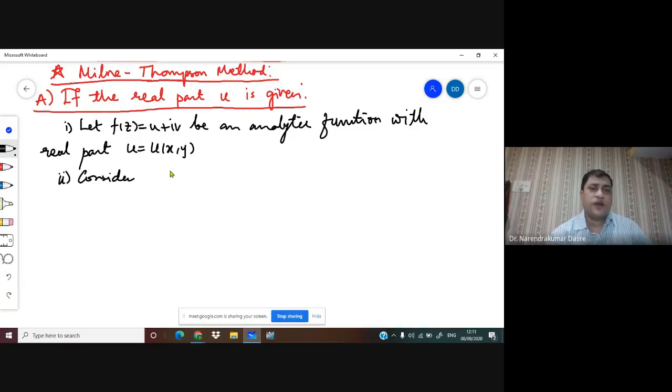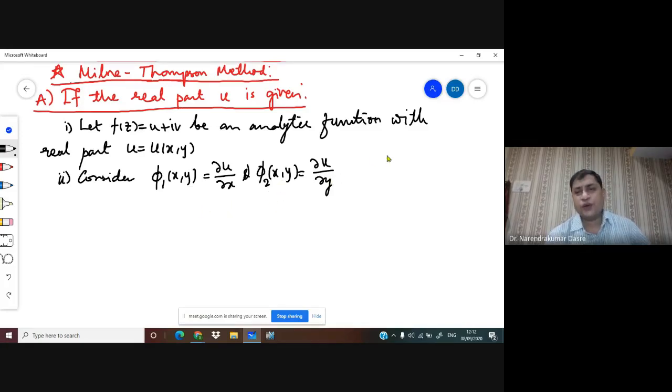So we have phi1 of x,y is equal to the partial derivative of u with respect to x, and phi2 of x,y is equal to the partial derivative of u with respect to y. These are the two derivatives that we need to know.